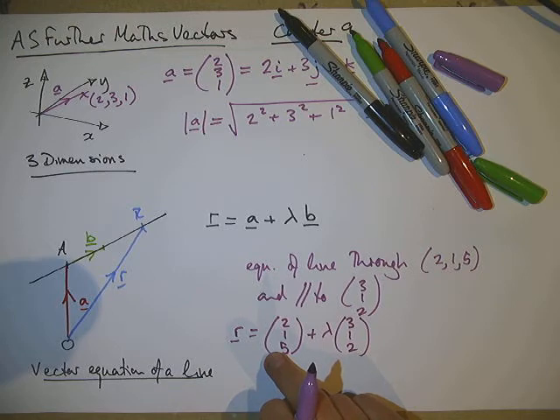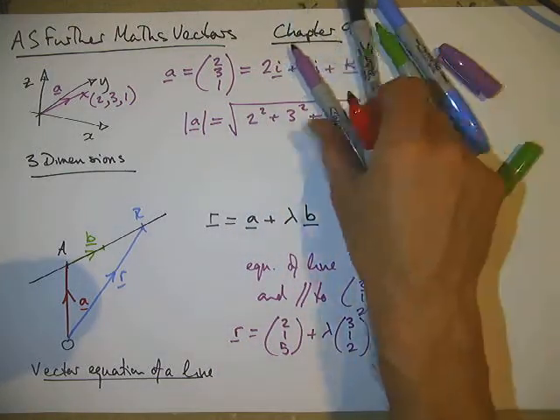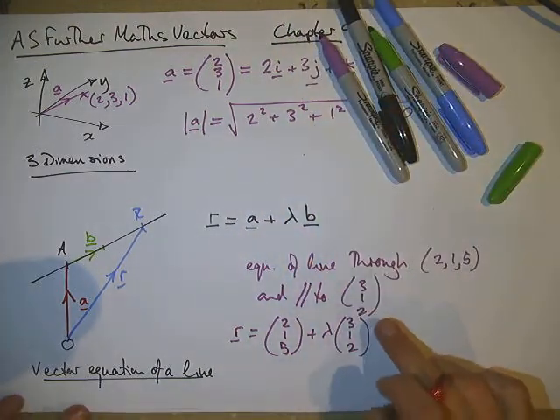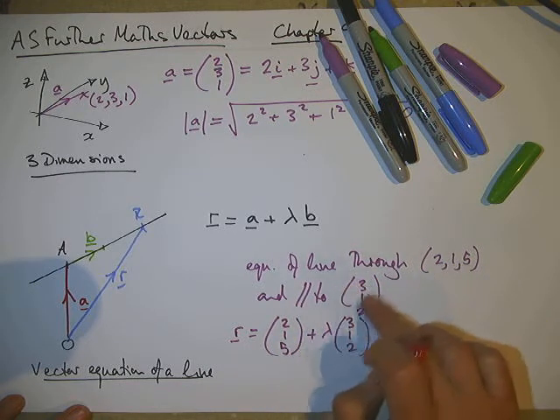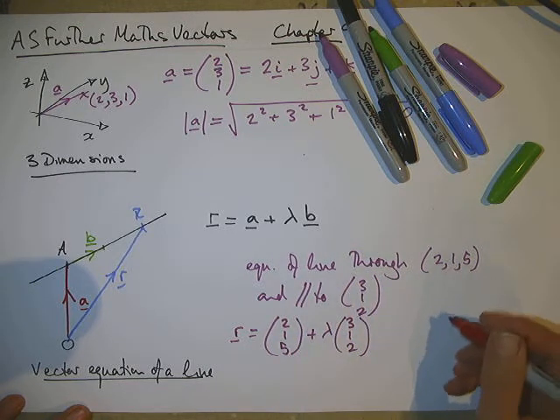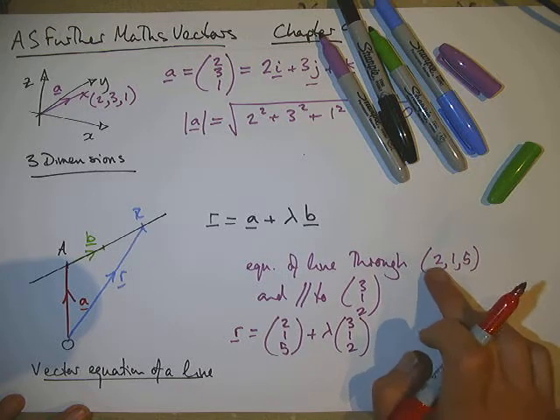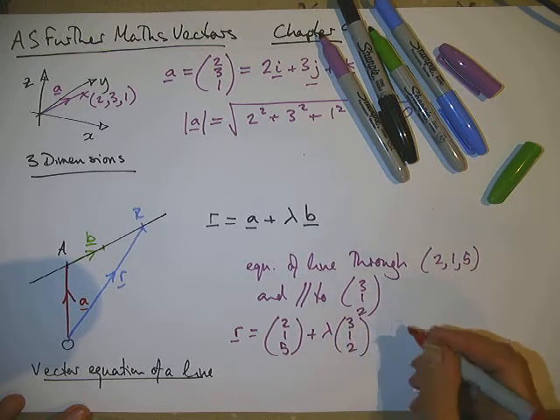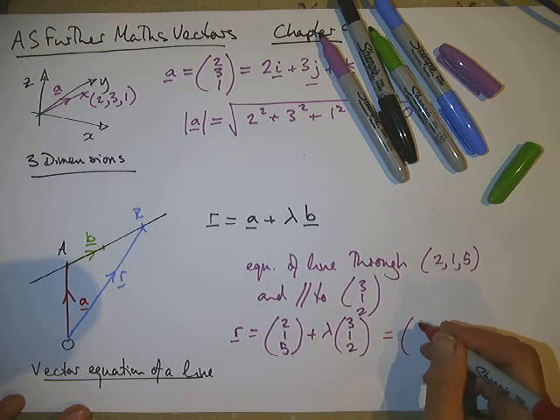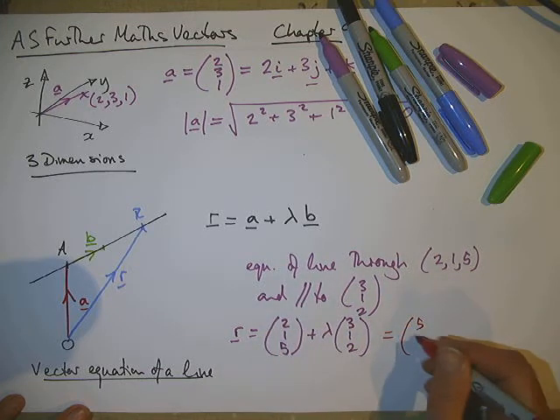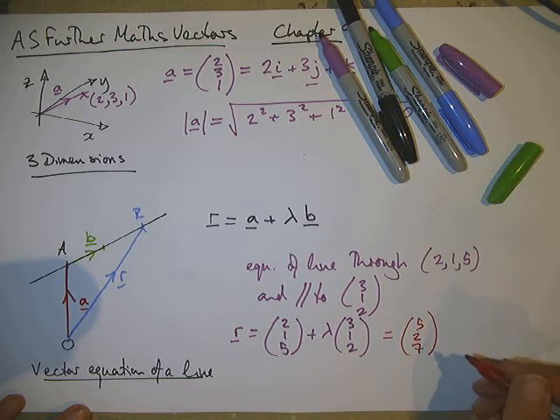So let's, for example, say it goes through that point and it's parallel to that. Another point on the line would be (2, 1, 5) with one of those added, so (5, 2, 7).